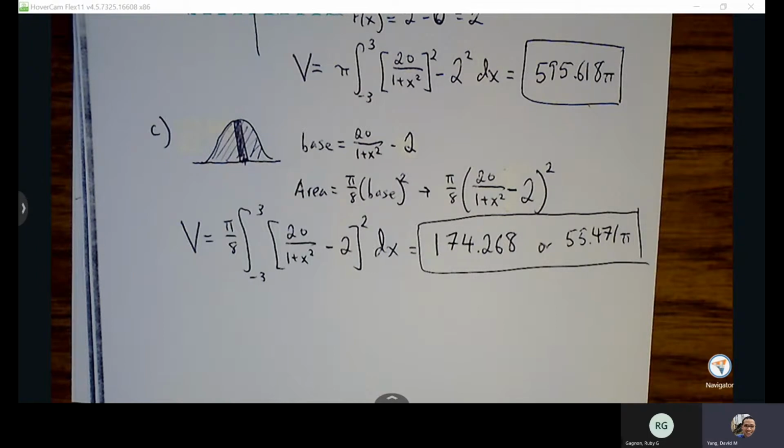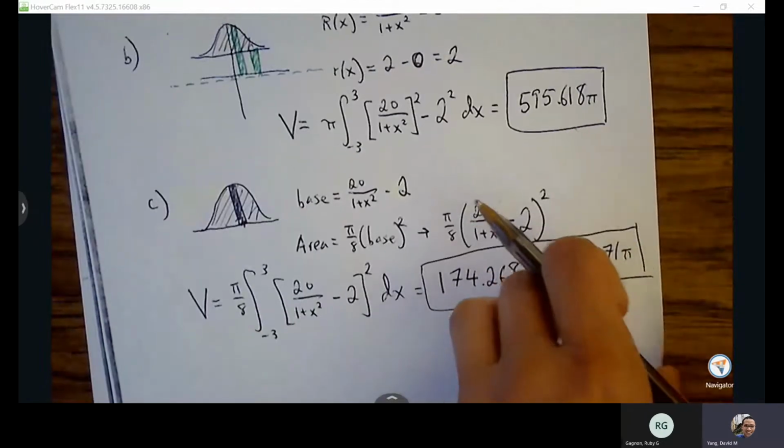Yeah, so we need to multiply this by pi by 8. Or you can just divide by 8 and leave the pi. All right, number 3.